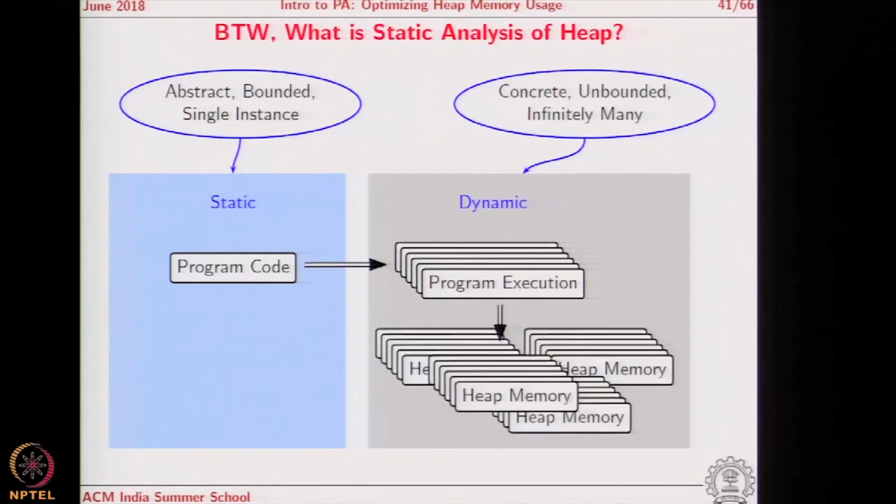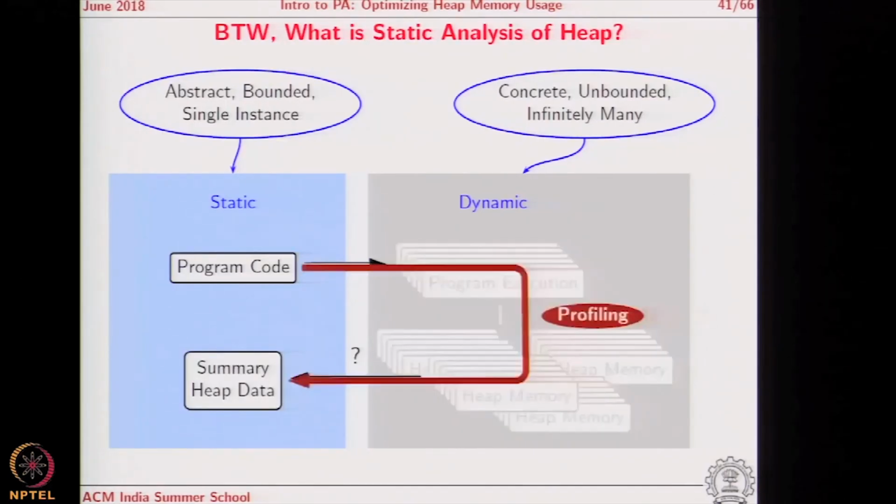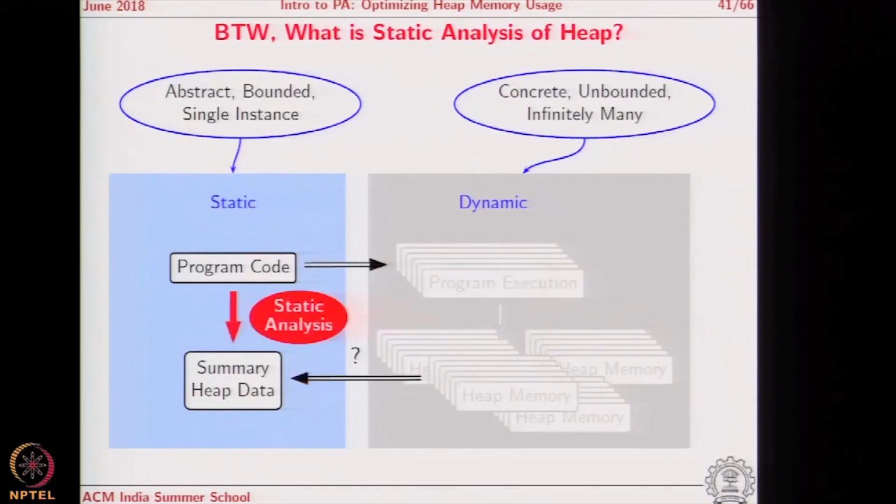Now, each of these processes would create heap memory of a similar nature, memory that is concrete, unbounded and infinitely many. And we want to summarize this in the static world. What the rest of the people were doing was profiling. Instead, we decided to stay in this world and we said, let us look at the program and try to get the summary data out of the program. That is program analysis and that is heap data analysis for us.